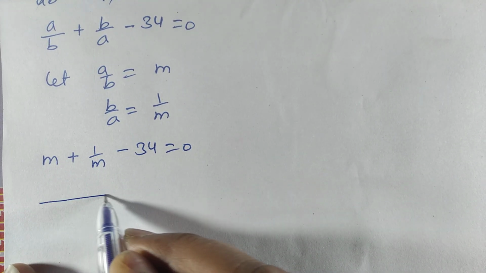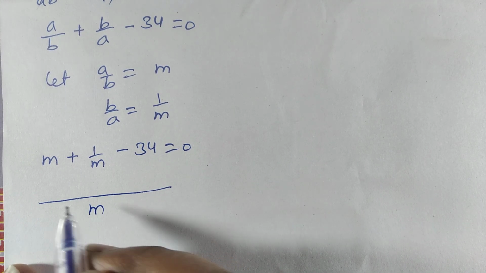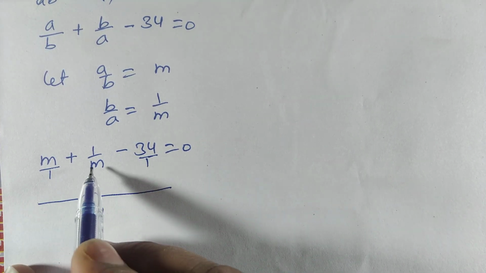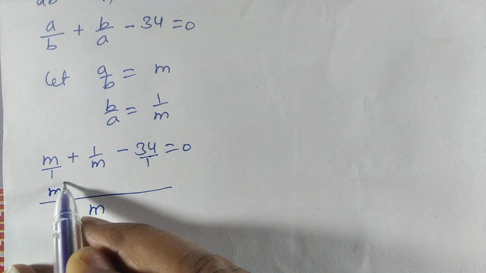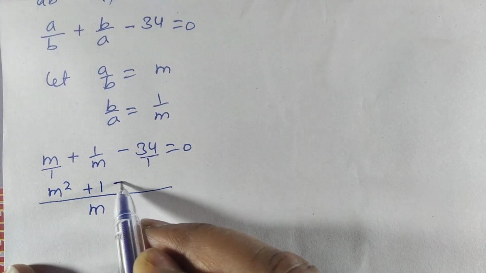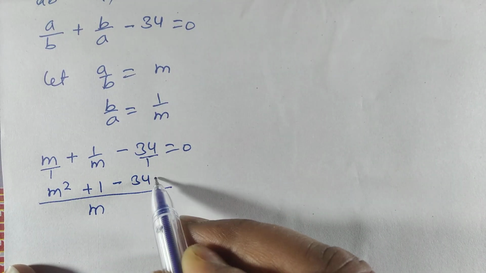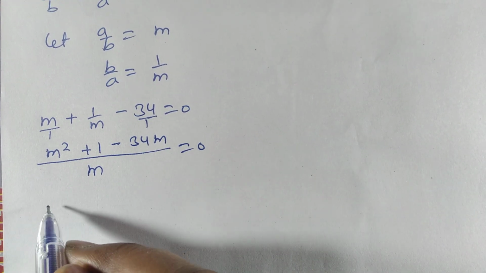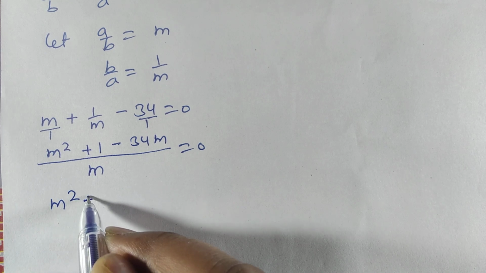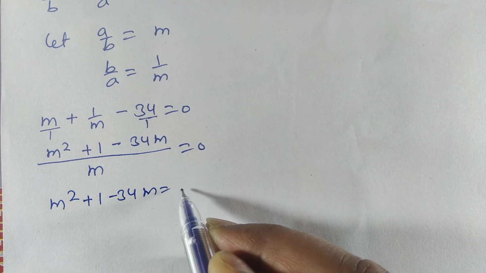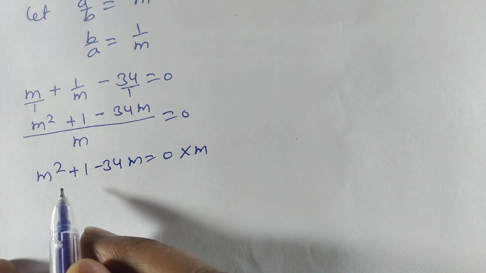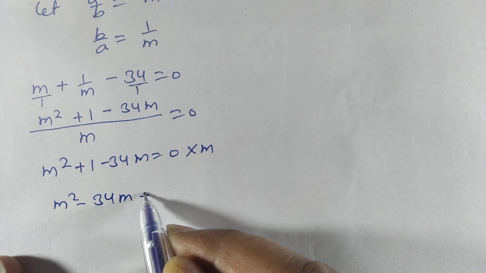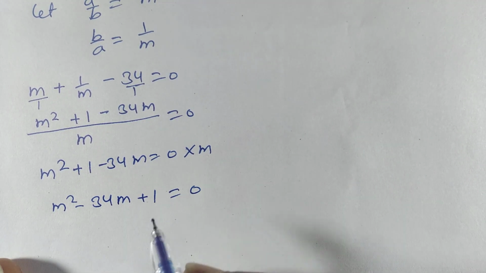Taking LCM, m: here is 1 and here is 1, in this denominator 1 multiplied by this m gives m square, plus 1, and minus 34 multiplied by this m, is equal to 0. This m moves to the right side: m square plus 1 minus 34m is equal to 0 into m. m square minus 34m plus 1 is equal to 0.